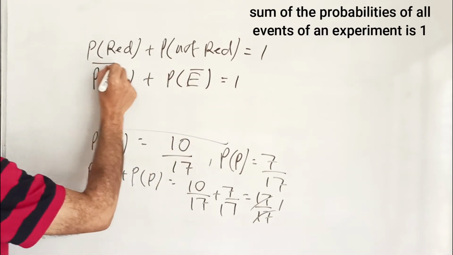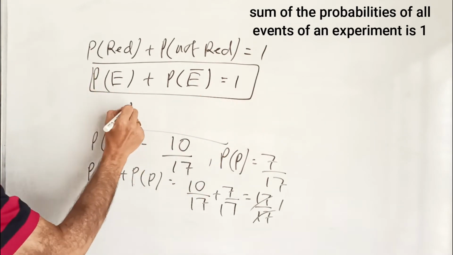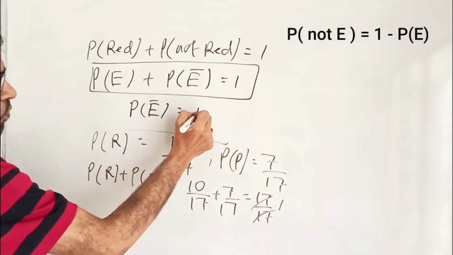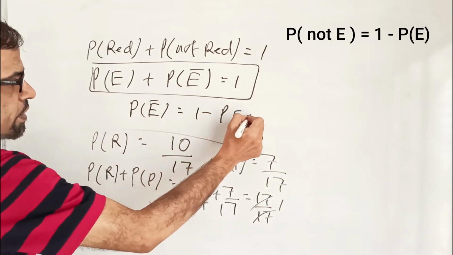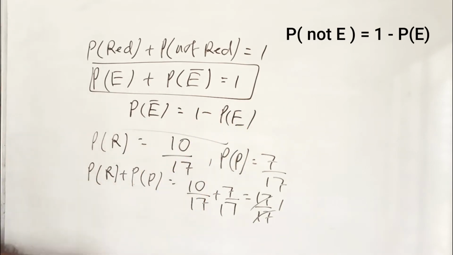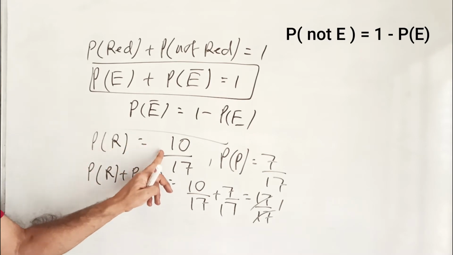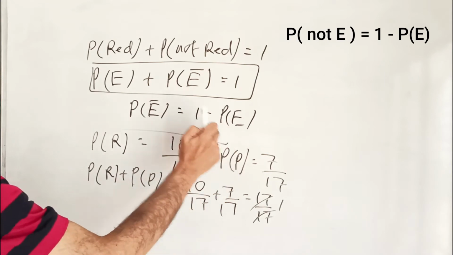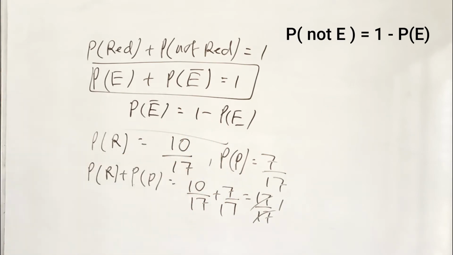So instead of writing not red, we use probability of E bar. This is the general equation you have to remember, and also remember that probability of E bar is equal to 1 minus probability of the event. This is very useful when you find only the probability of the event. No need to find the other one separately. Simply subtract from 1.